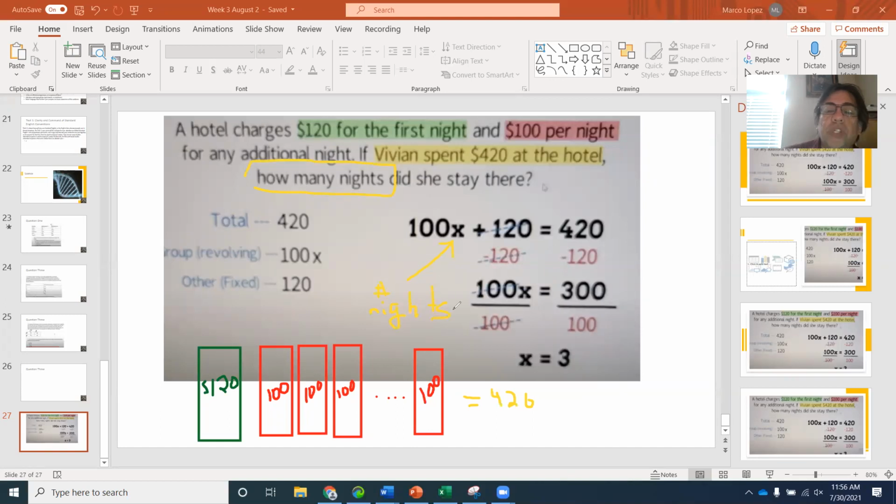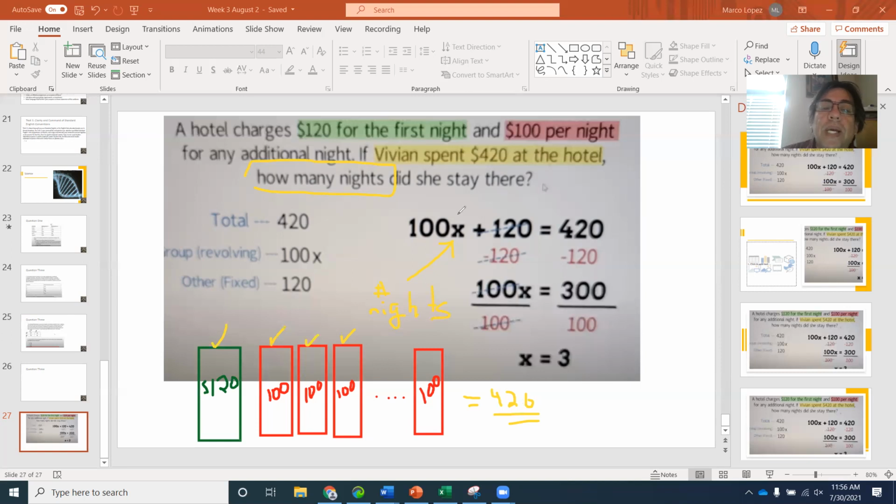Well, one way to approach it is either using this formulaic approach, which I personally like, or you could say, well, 120 plus the second night would be 220, plus the third night would be 320, plus the fourth night will be 420, and there it is, 420.